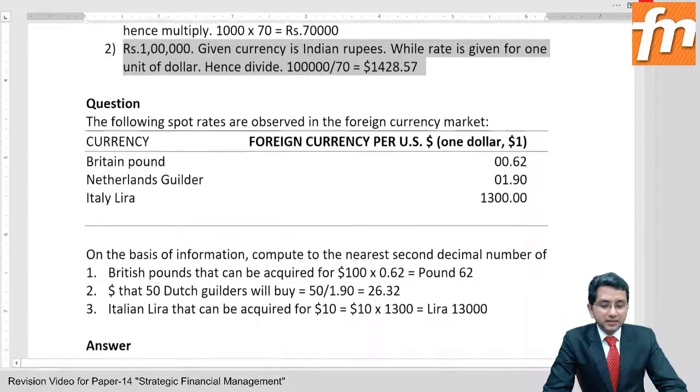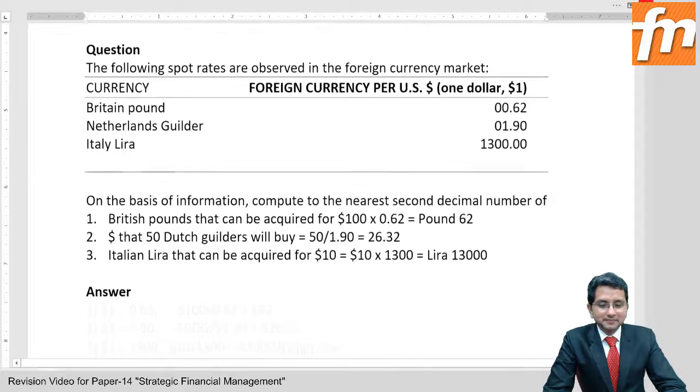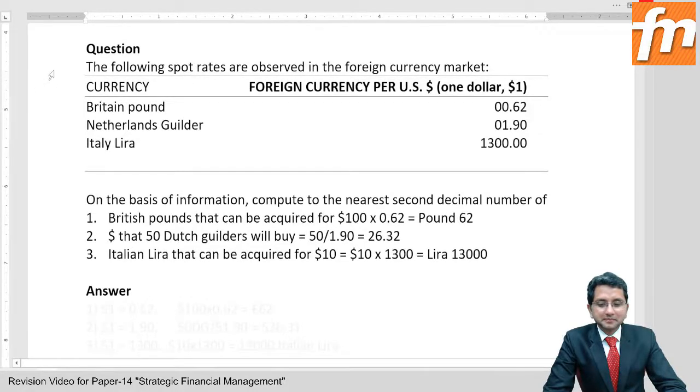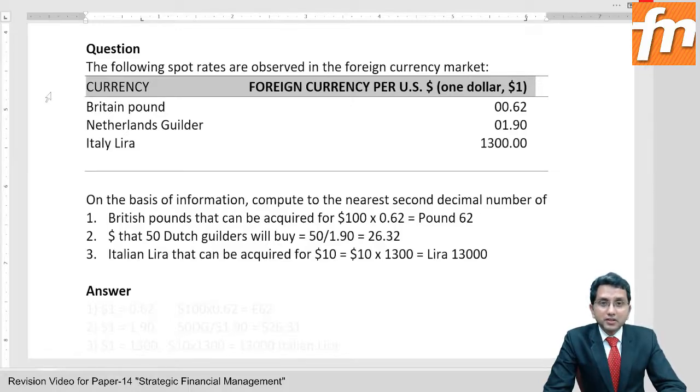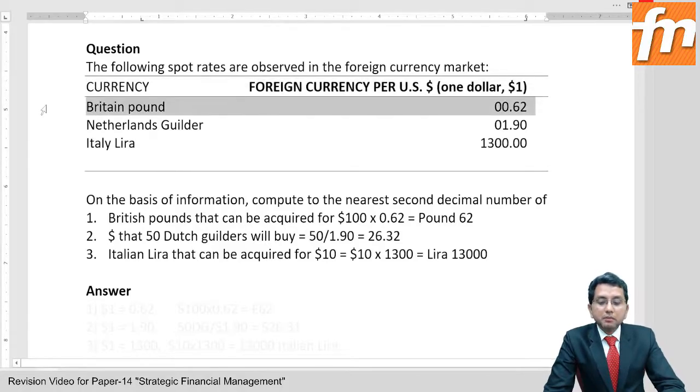Let's apply this concept to a question. The following spot rates are observed in the foreign currency market. In the first column, the name of the currency is given. In the second column, the rate of exchange is given in terms of foreign currency per US dollar. So this is the British pound and the rate is 0.62.